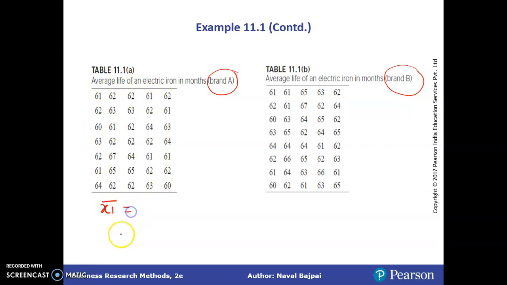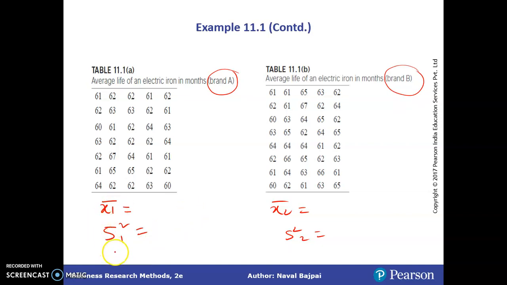We need to calculate the standard deviation or variance of this sample as well as this sample. So x2 bar, and then sample variance or standard deviation. We'll calculate this one for sample 1 and also for sample 2.